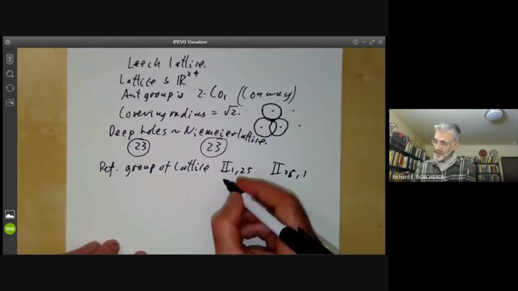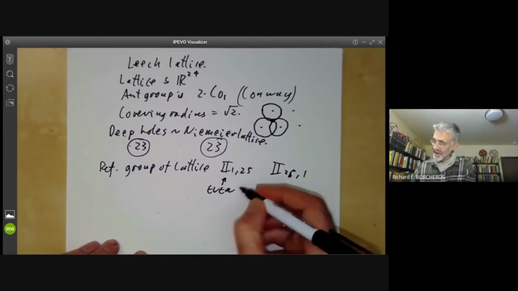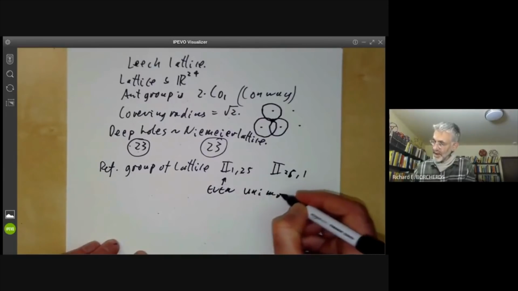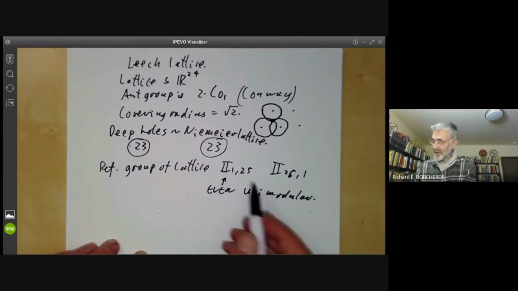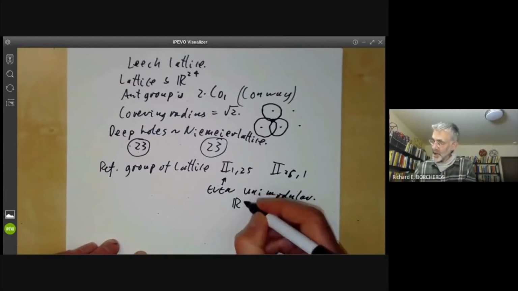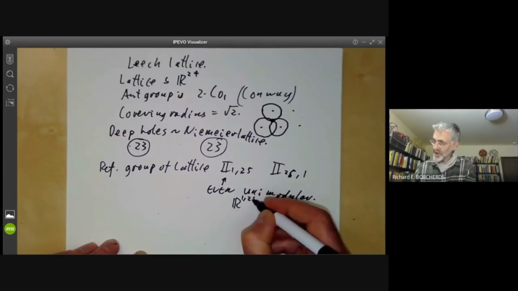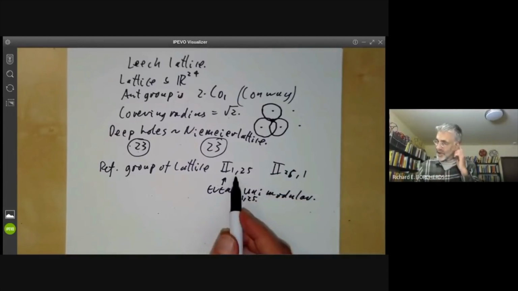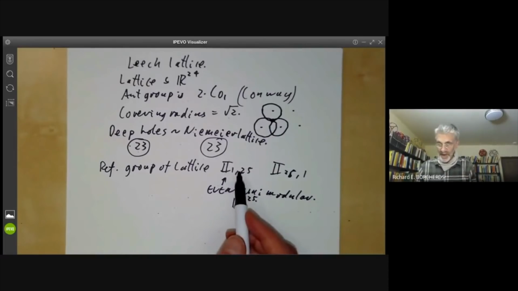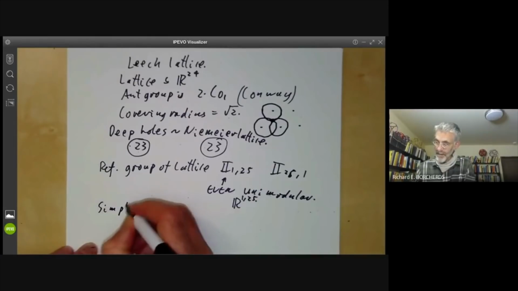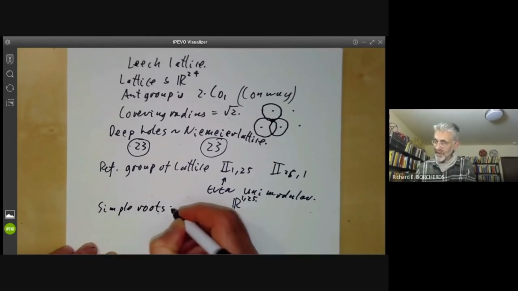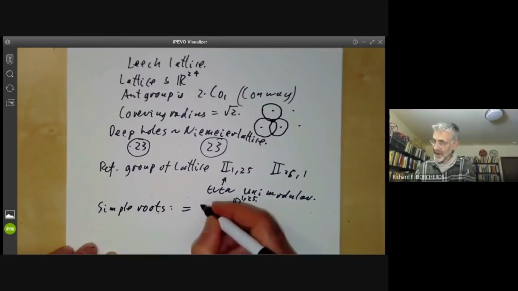This is an even lattice, and it's unimodular, which means the volume of a fundamental domain is 1, and it lives inside Lorentzian space R1,25. You can look at its automorphism group, and its automorphism group has a big reflection group as a subgroup, and Conway calculated this reflection group. In fact, he found its simple roots. The simple roots of the reflection group turn out to be the same as the Leech lattice.